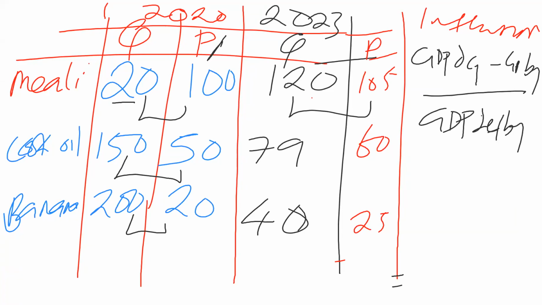The GDP deflator for the current year, for 2023, was 109.49. 109.49 minus, okay, what about for the base year? It was 100, yeah. Divided by 100 times 100. Okay. This gives us what? What is the inflation rate?